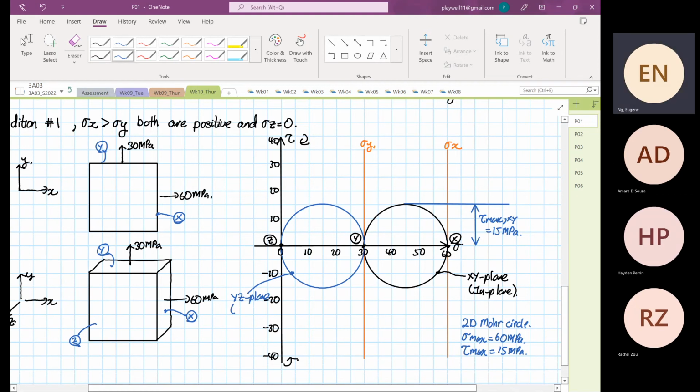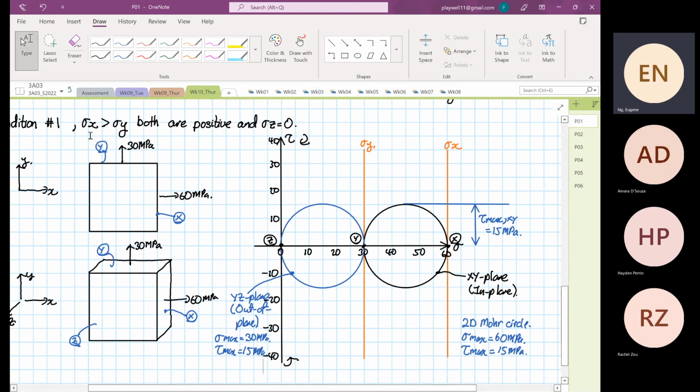And this is our out of plane. And on your YZ plane, you realize that your stress max is equal to 30 megapascal. Shear max is equal to 15 megapascal. Right? No problem.